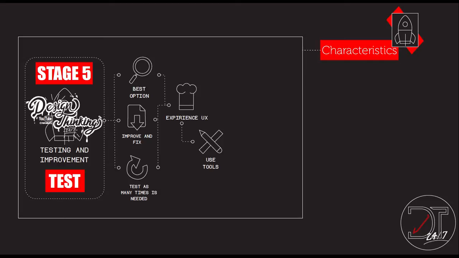As I was telling you before, the tools that we use for this situation are different, but the most common ones used here are user journey, user experience map, and usability prototype.